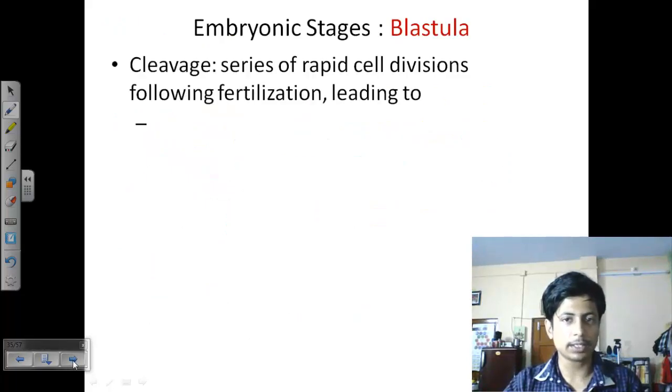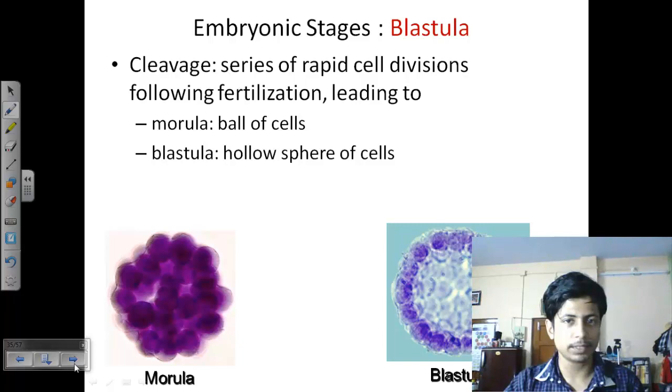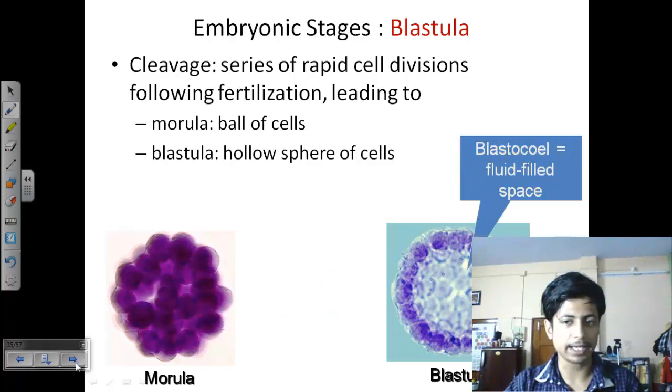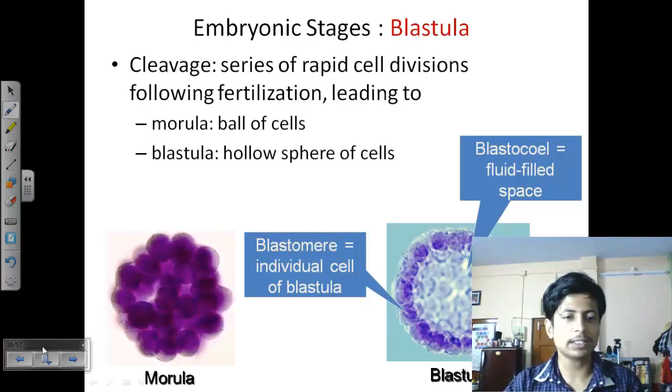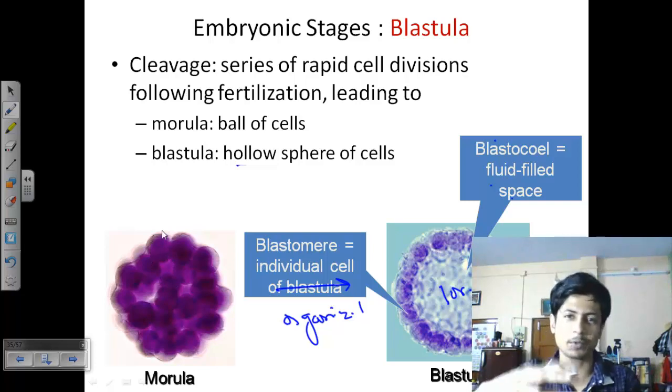So we have already talked about the embryonic stages of blastula, right? Now let's talk about another important fact. Look at this point, the morula phase, where all those cells are stacked upon one another. I've told you earlier also, those cells should interact properly with themselves, right?